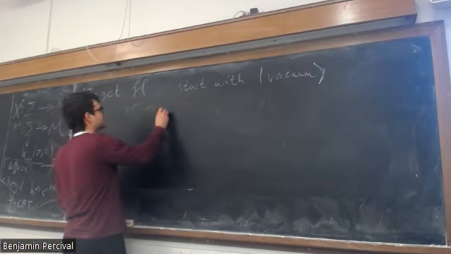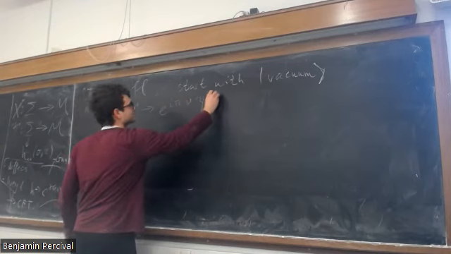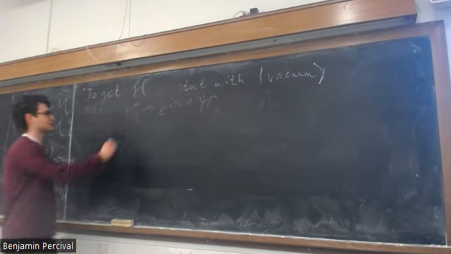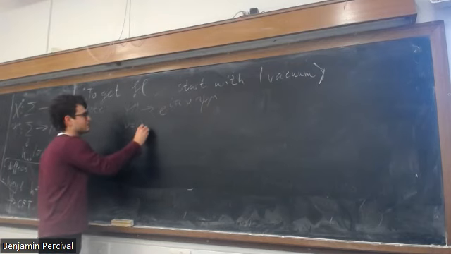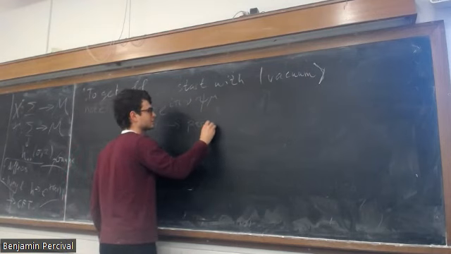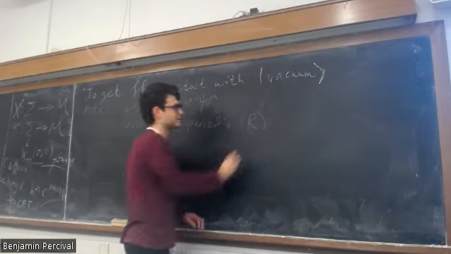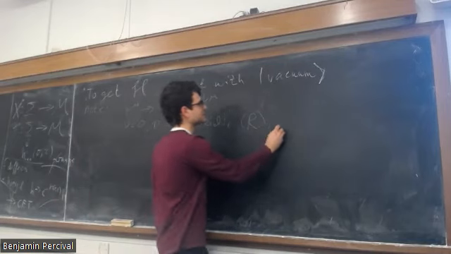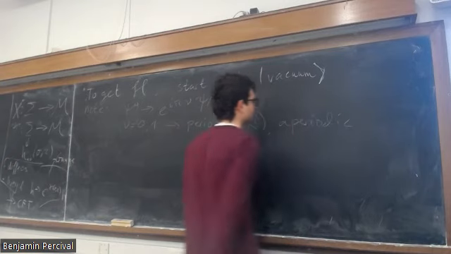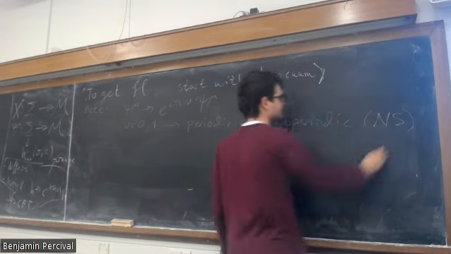Let's say psi mu of z goes to e to the i pi nu times psi mu of z. Then nu equals 0 or 1: periodic, which we'll also call R boundary conditions or Ramond boundary conditions, or aperiodic, which we'll call NS as well.